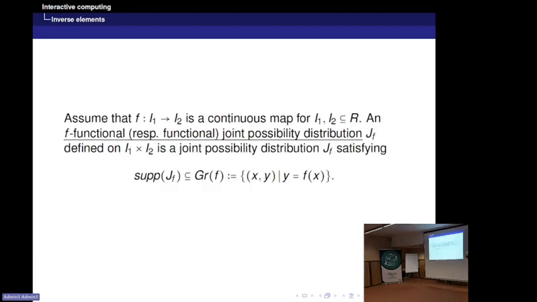So when we take this definition, we have this function. For instance, this could be intervals I1, I2 in the real line, and then we can have a functional joint possibility distribution. In fact, it's the joint possibility distribution which has support in the graph of the function f. This is quite often used in special cases when people want to use this joint possibility distribution, for instance, for linearly correlated fuzzy numbers that have recently been used in many applications.